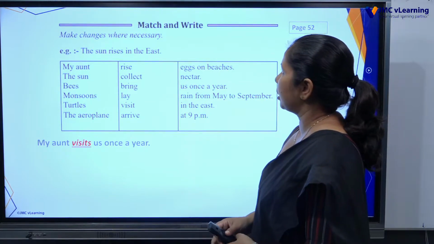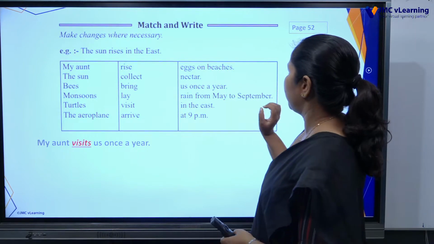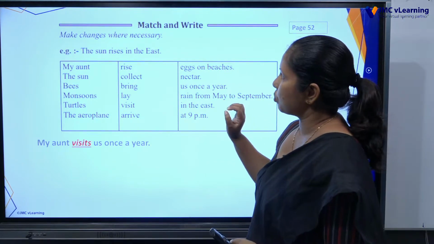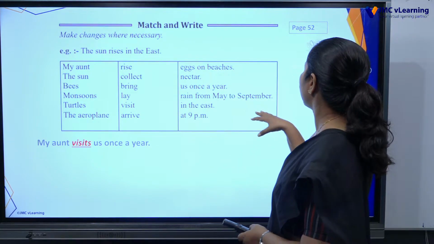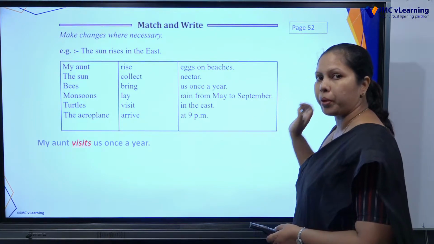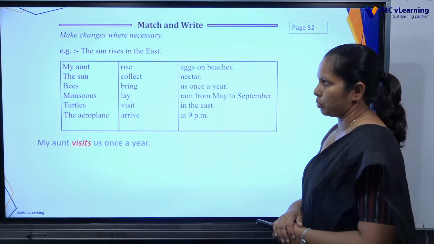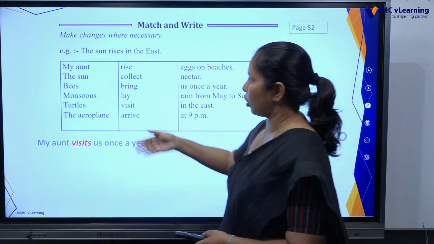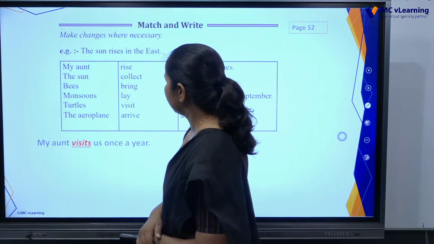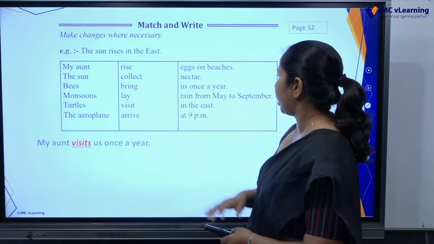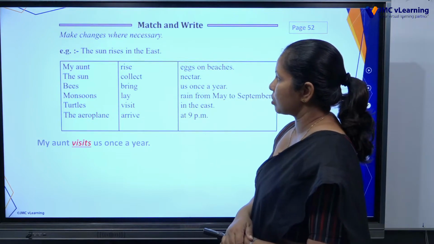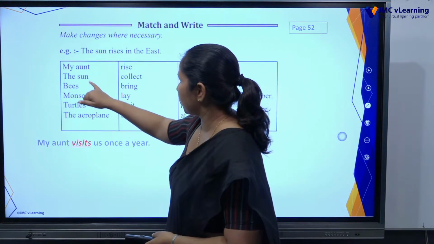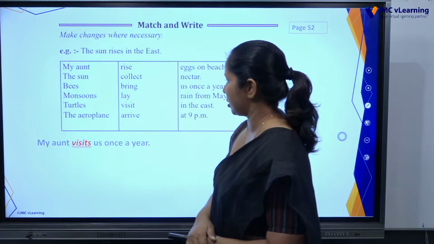Here you can see they have given a table and they have asked to make the changes where necessary. You can find this in your pupil's book on page number 52. Here you have some nouns, then the verbs and the next part of the sentence. The first one, my aunt.